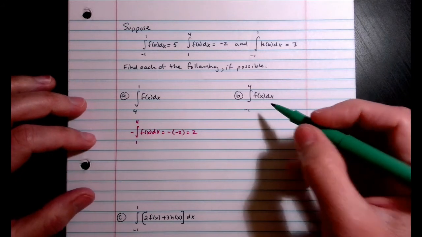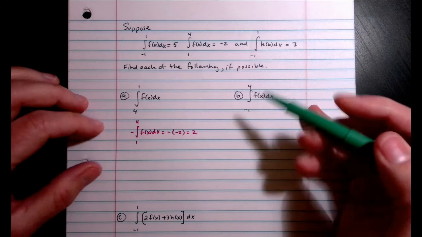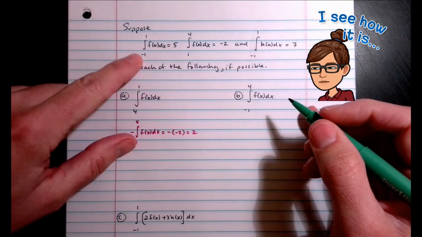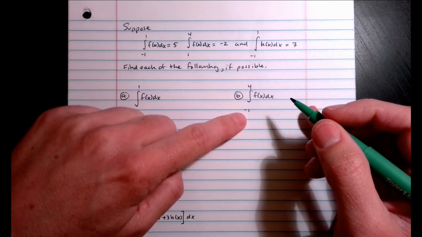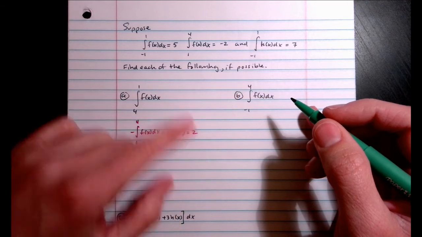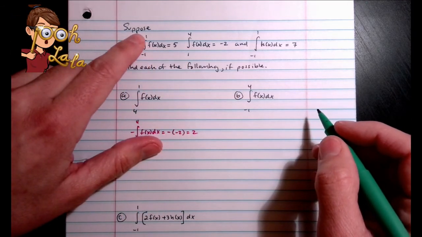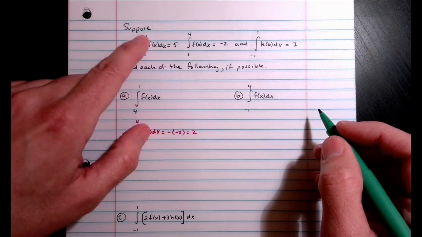Let's look at the next one. So this is the integral of f of x dx from negative 1 to 4. Okay, so we have two integrals that deal with f of x dx. We have negative 1 to 1, but then we have 1 to 4. But we don't have negative 1 to 4. Well, look, if we go from negative 1 to 1 and then 1 to 4, then we can link them. See that?